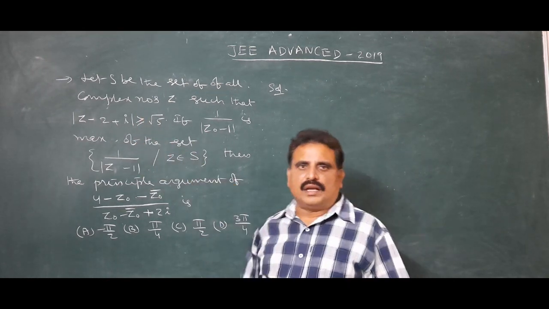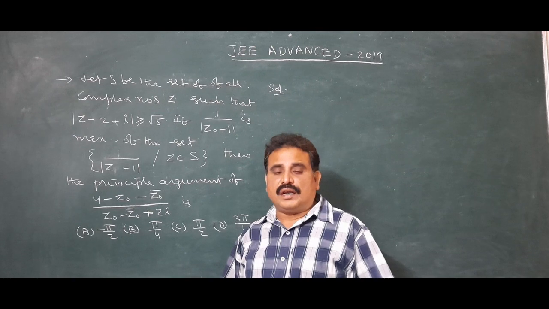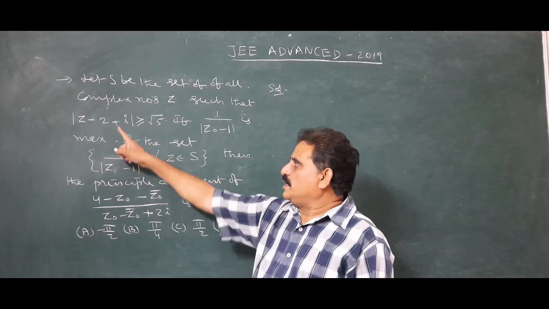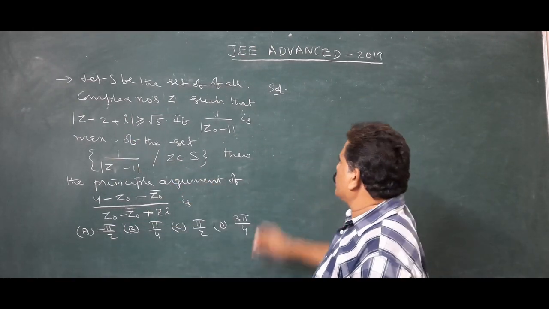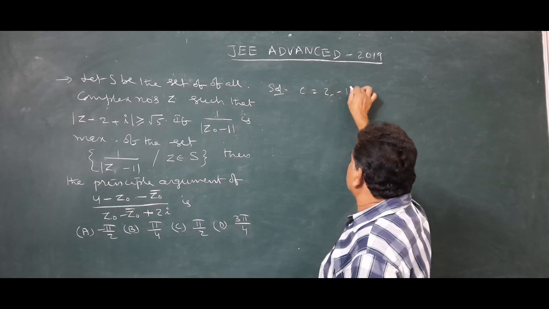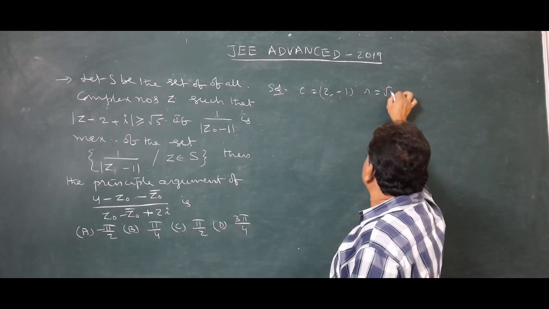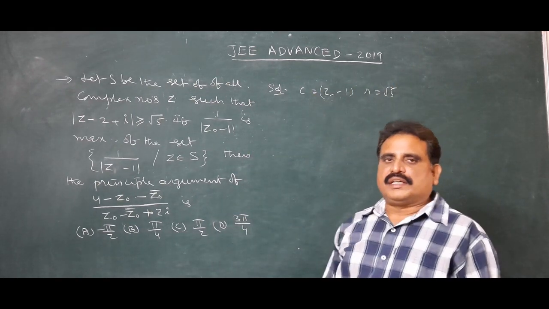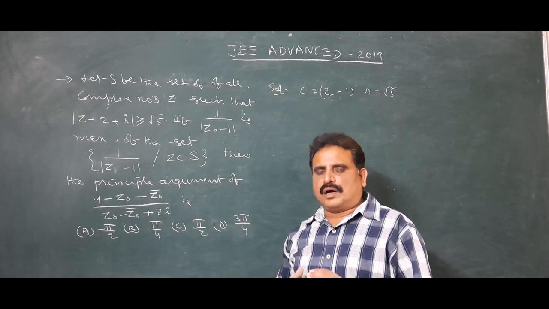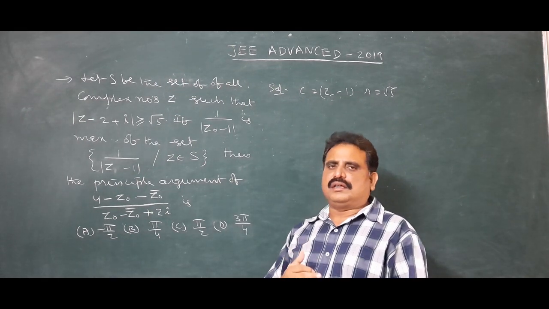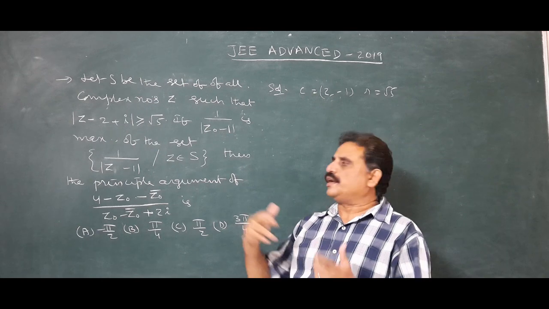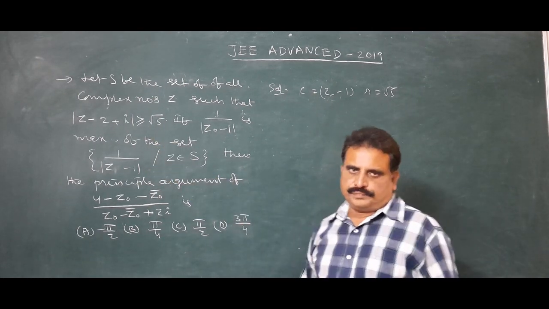It represents a circle: the set of all points outside or on the circle having center 2 minus 1, radius root 5.